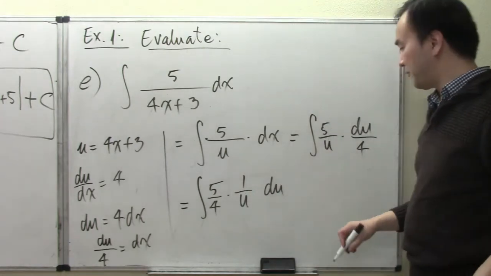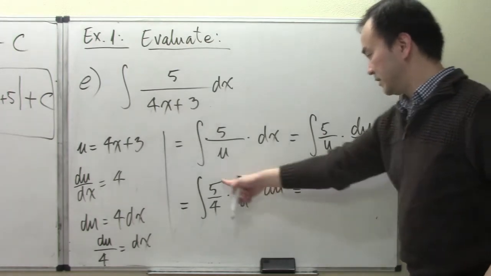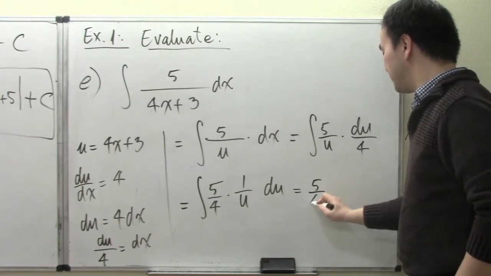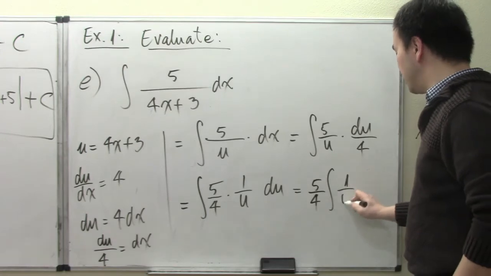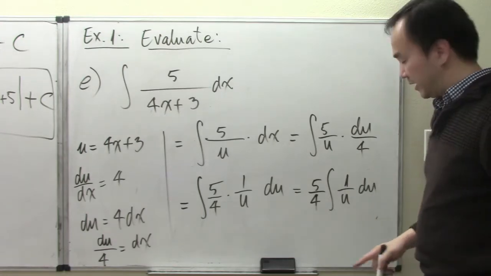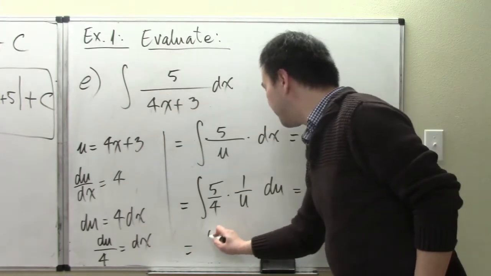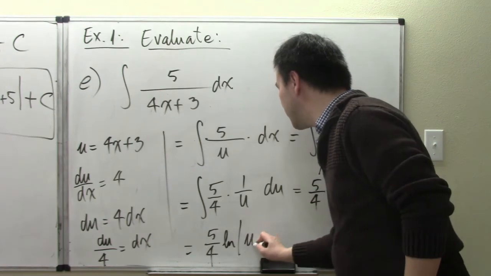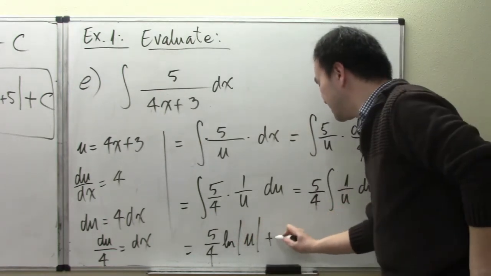And so for this one, I don't think I need to even advance to the other board again. This is a coefficient, and so 5/4 can be pulled outside because it's a coefficient, and it's a 1 over u du. And so this is now just like in part D that we have done. It's going to give me 5/4 natural log of u, but put u in absolute value for me, plus c.